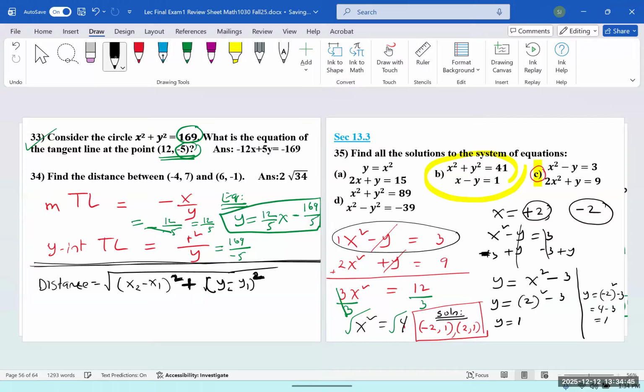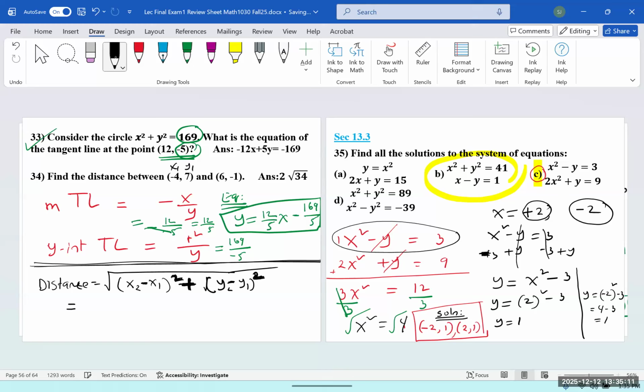So these squares and this plus, they are there to ensure that you have a positive number inside the radical. If you have a minus, then you may have a minus number. So that's why you cannot have a minus in between them. You have to have plus between them, but you have a minus here because you're taking the difference of the x's and difference of the y's.